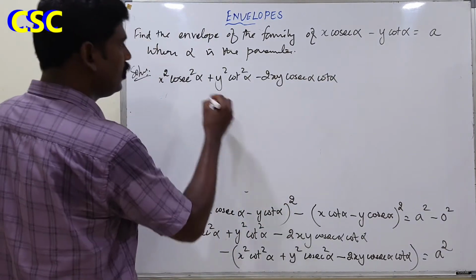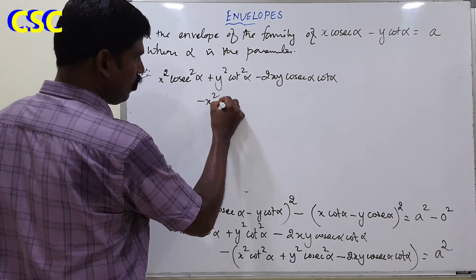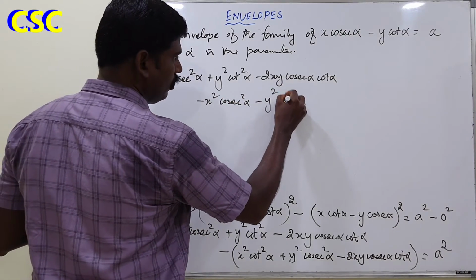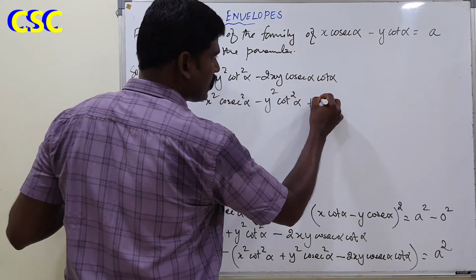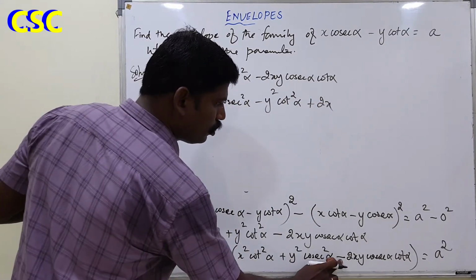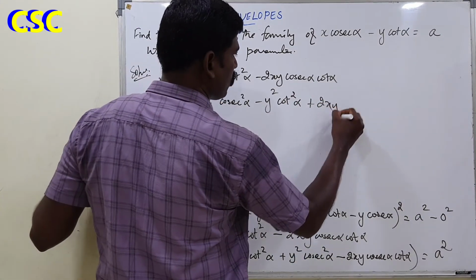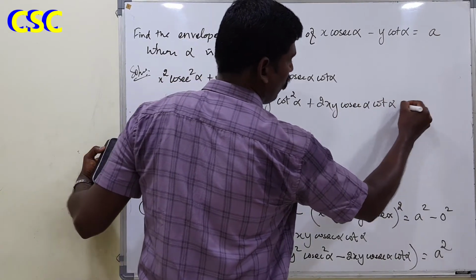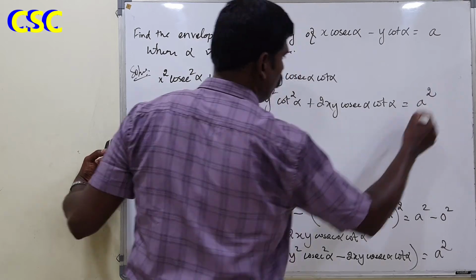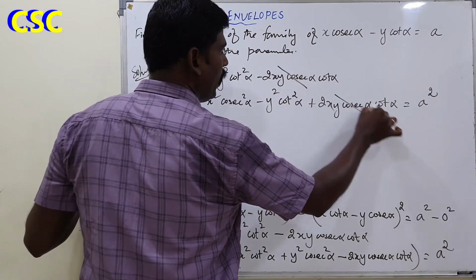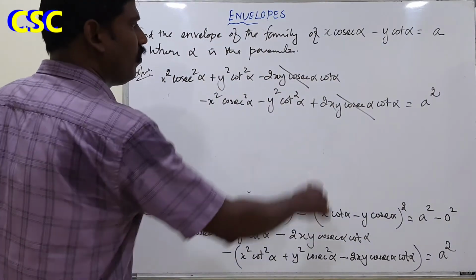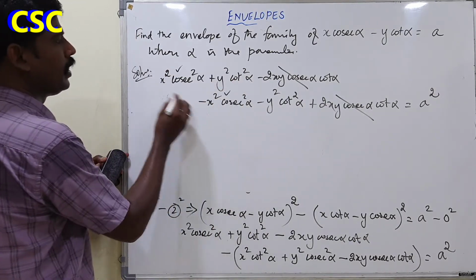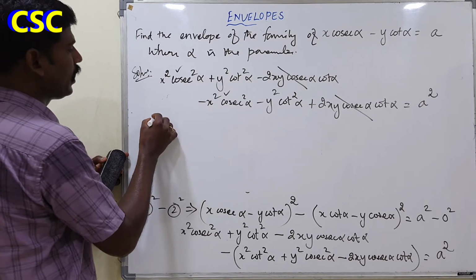Multiply this minus inside the bracket, minus x square cosecant square alpha minus y square cot square alpha plus, this minus together with this minus will become plus 2xy cosecant alpha cot alpha. What is in the right hand side? A square. Okay, we can cancel this minus 2xy cosecant alpha cot alpha with this plus. Now from these two x square terms we can take x square as common.